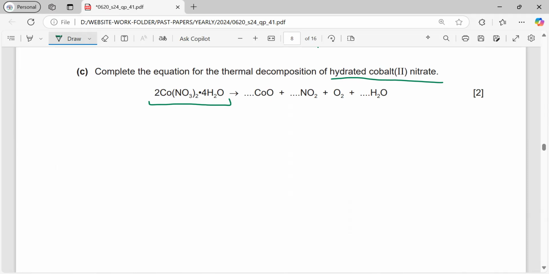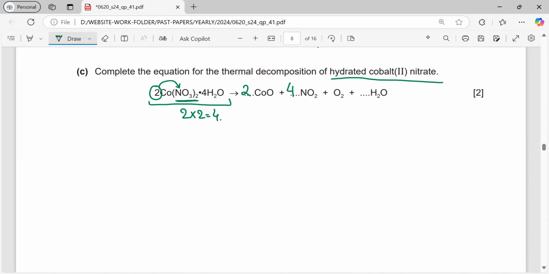For cobalt, we have 2 moles of cobalt, so we'll write 2 over here. For nitrogen, NO3 is bracketed twice, which makes nitrogen 2, and we have 2 molecules of cobalt nitrate. So 2 into 2 makes 4 nitrate. Here we'll write 4.